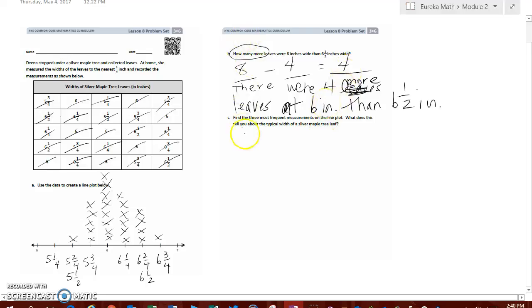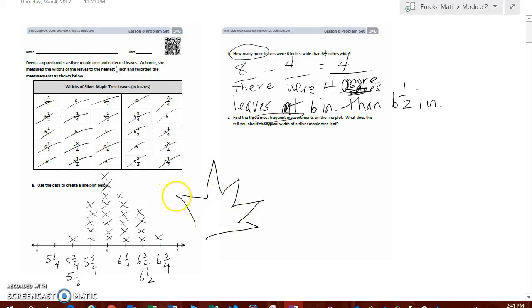Okay. The last one is letter C. Find the 3 most frequent measurements on the line plot. What does this tell you about the typical width of a silver maple tree leaf? So when they're measuring a leaf, a maple tree leaf looks like that, sort of, they're measuring from here to here, how wide this is.